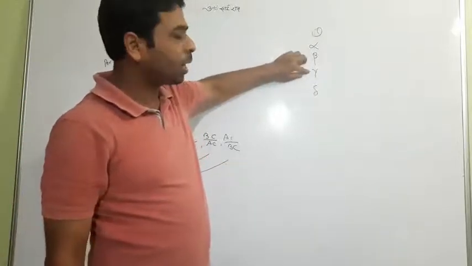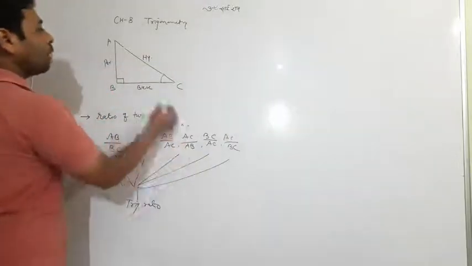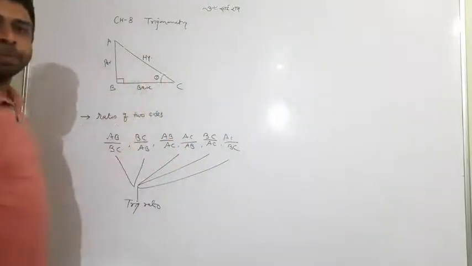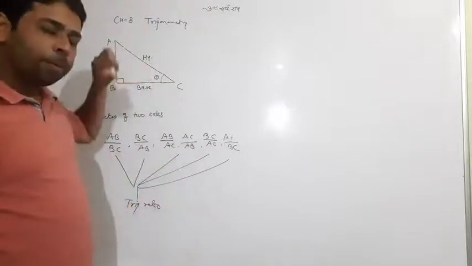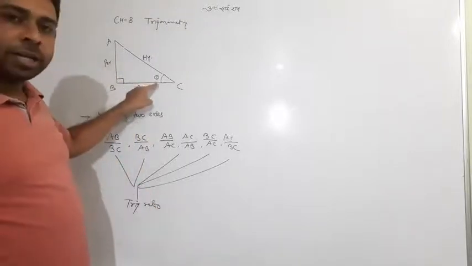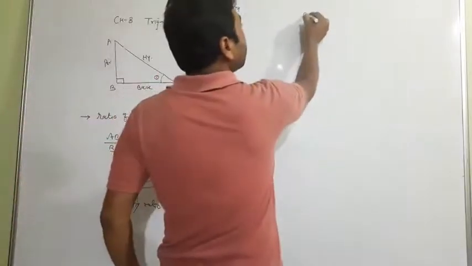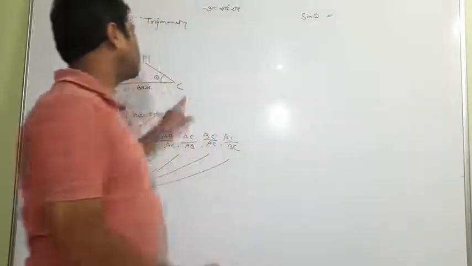Alpha sometimes, alpha, beta, gamma, you know it very well. Theta is a symbol for an acute angle. If I am writing theta here, then angle C and theta are the same, but theta is only the symbol for an acute angle. This time I am taking theta as the acute angle. Now I would write not sine C but sine theta. Both have the same meaning. Theta is also C.